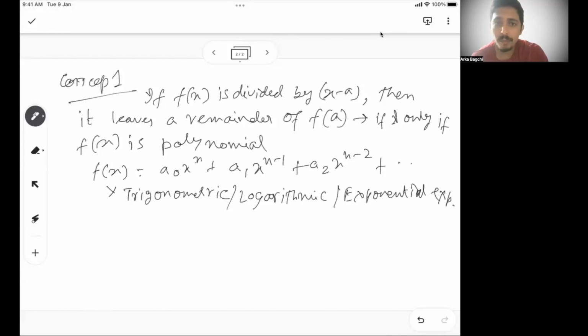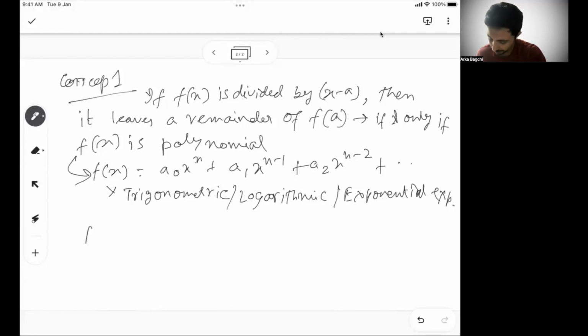So f(x) cannot be a trigonometric function, logarithmic function, exponential function. f(x) has to be a polynomial. So f(x) is a polynomial only when f(x) is in a format like this. Now, if f(x) is in a format like this, let's see how we satisfy the concept that we talk about. If f(x) is divided by x minus a, then it leaves a remainder of f(a).